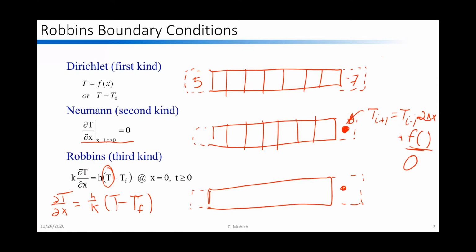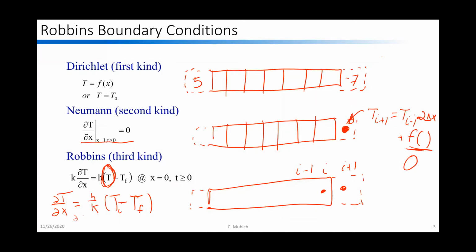In this case, if I have a node here, T_i, I've got my T_(i+1), and then my node T_(i-1). Now we need to start including this T. So this T is T_i, and I can still take this derivative.